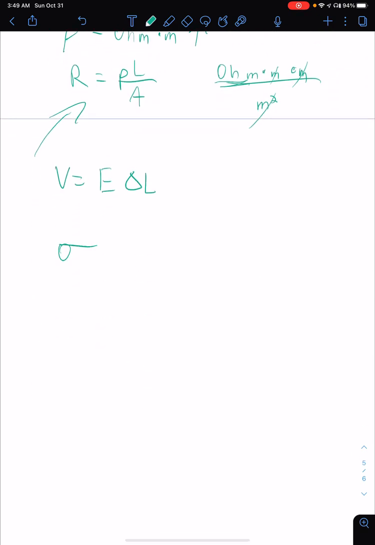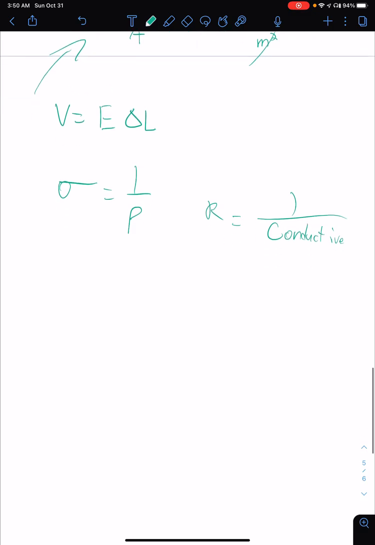Conductivity is just the inverse of resistivity, 1 over rho, and it's also the inverse of resistance, 1 over R. I'm just gonna write that down. Just remember that simple concept. It will help you.